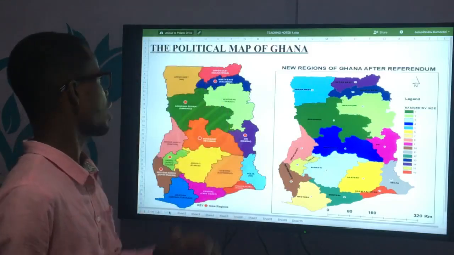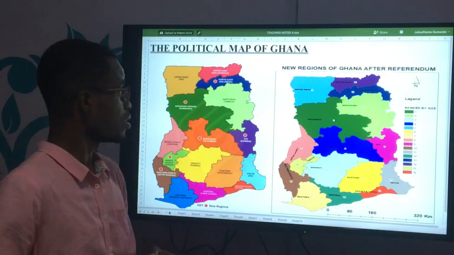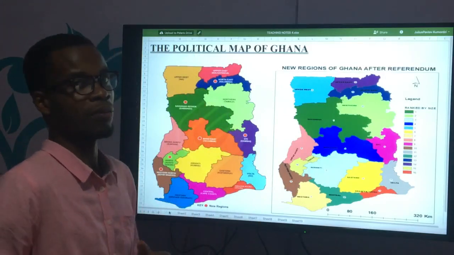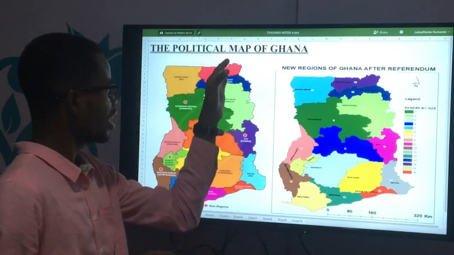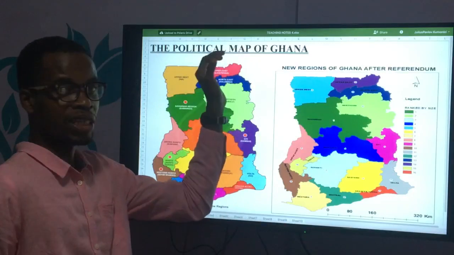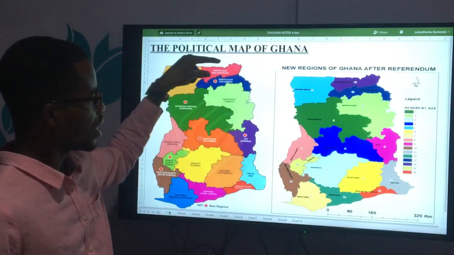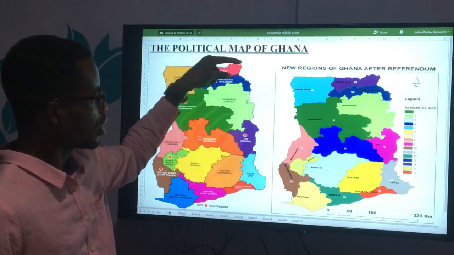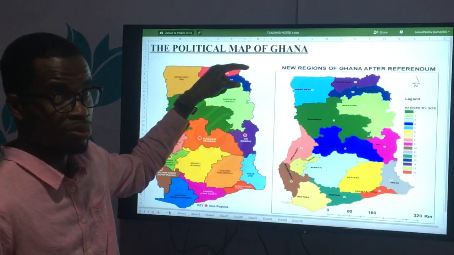So when you go to Wa, there are important towns there. You come to Upper East, which I have not been to before, but I'll try and be there one day. I know there is Bawku and Pusiga here. You remember when we were looking at the latitude that touches the northern extreme of Ghana, we did mention Pusiga.